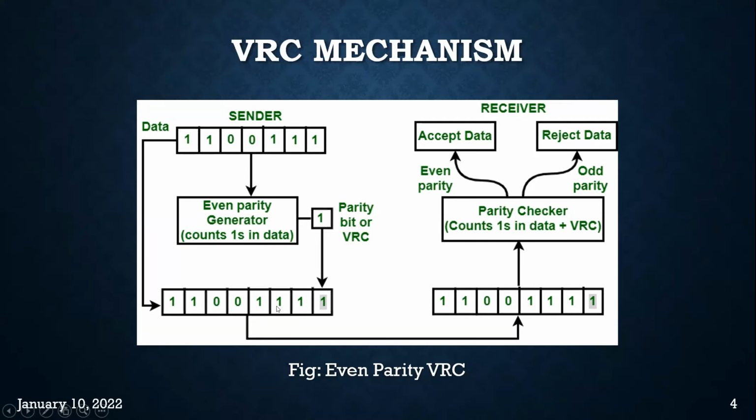Then the data unit will be transmitted to the destination. The parity checker checks this data unit. If the number of ones is even, the destination accepts the data, otherwise it will reject the data.